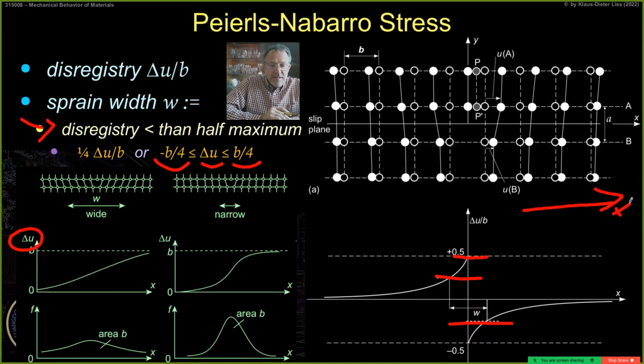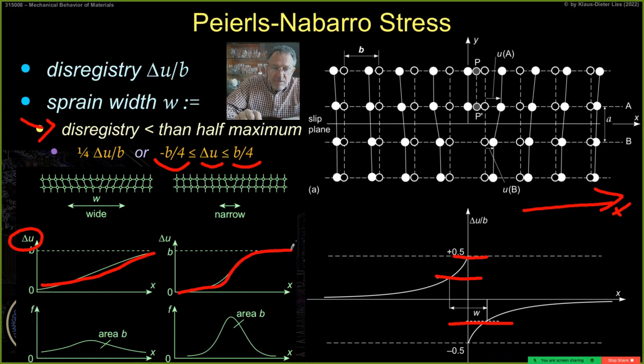And how does delta u change from 0 to 1, or minus b fourth to plus b fourth? It can go in a broad way, or it can be in a narrow way.